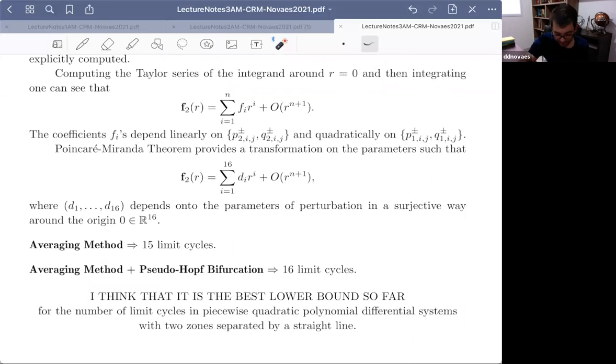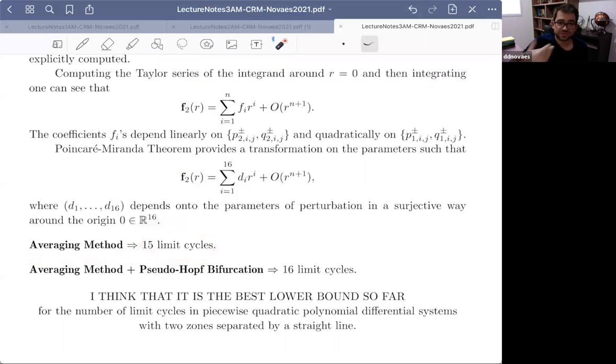Okay, so again, using the preparation theorems, for instance, we can ensure that this function has at least 15 simple zeros around R equals 0. Then the averaging method provides 15 limit cycles.